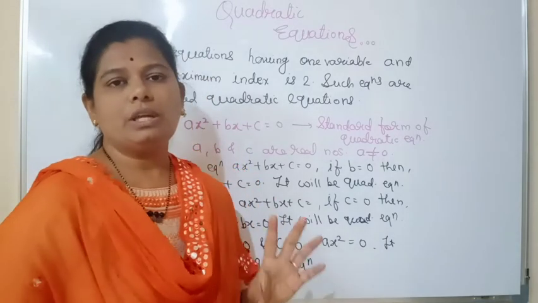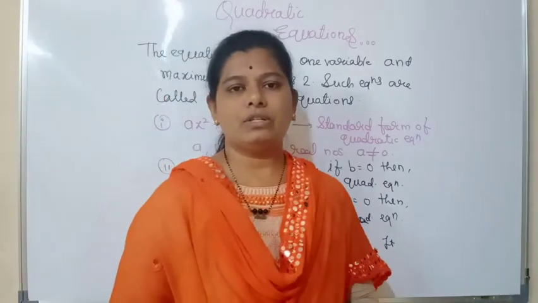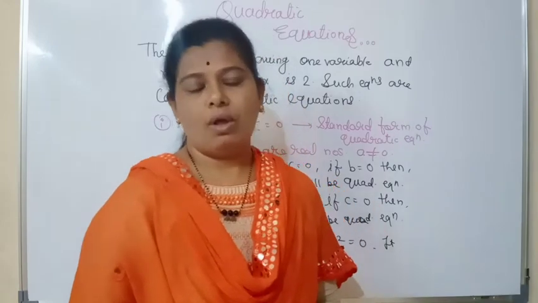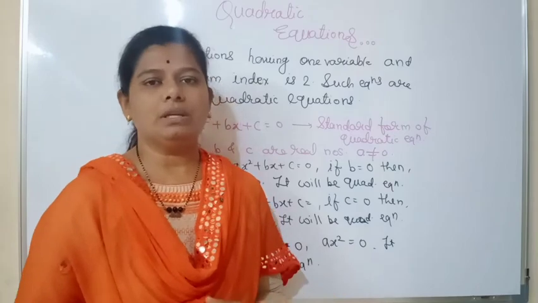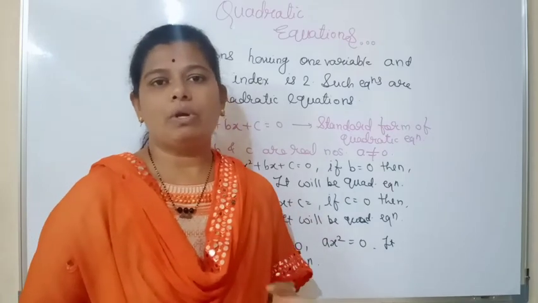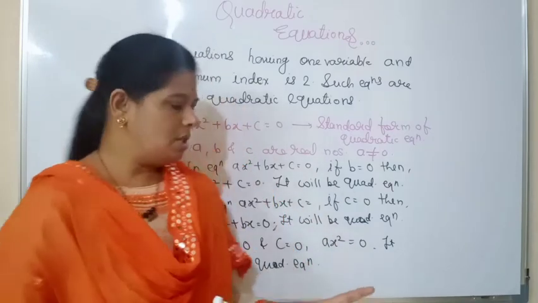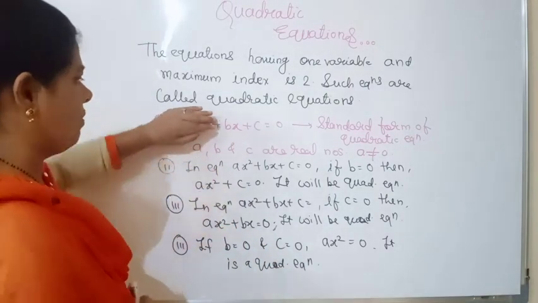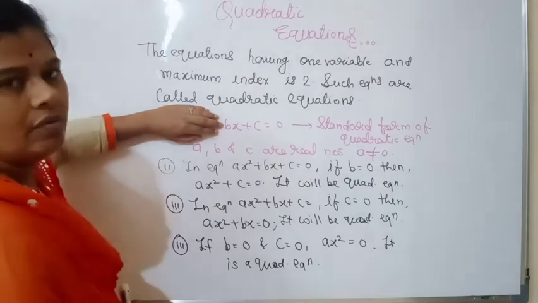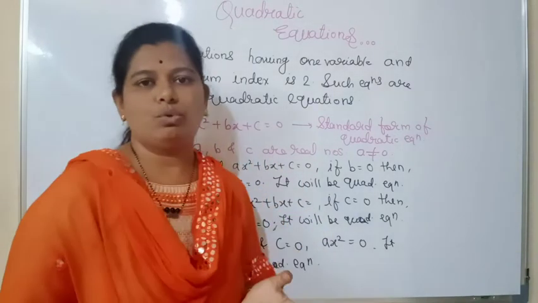Only one condition is there, that a should never be 0, because in a quadratic equation the very important thing is that the degree of the equation should be 2. If a is 0, our equation will be bx plus c equal to 0.